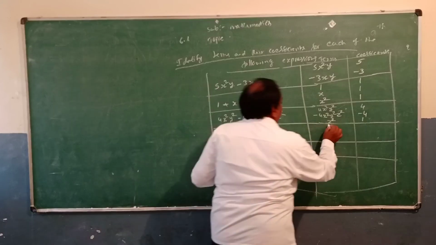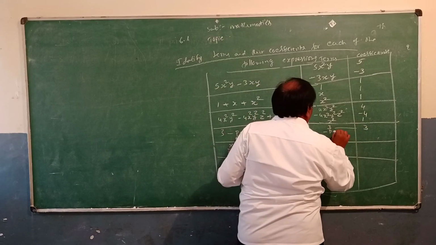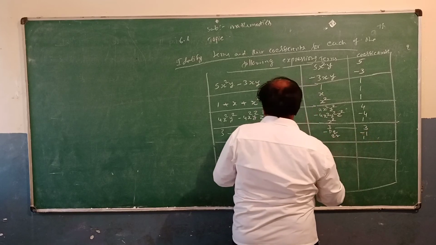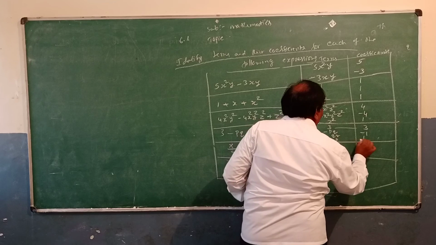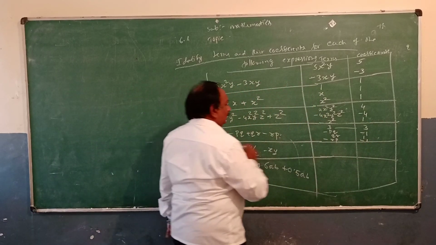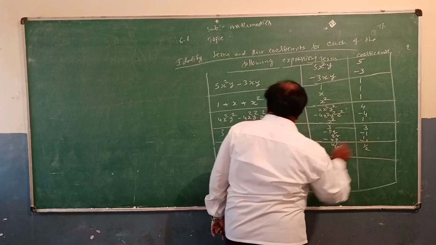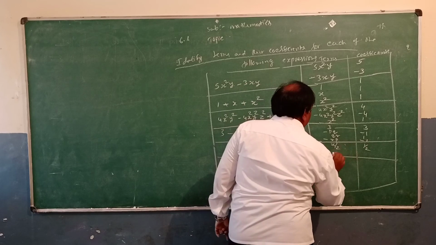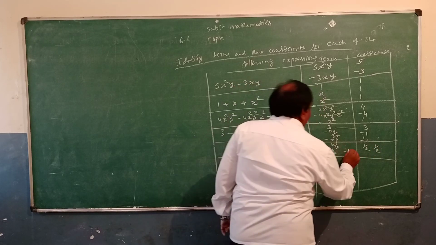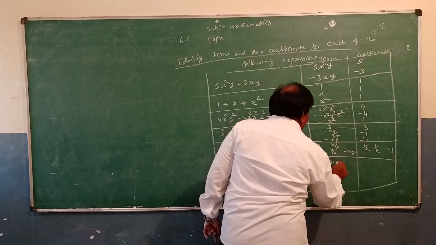Next, 3. This is 3, minus pq minus 1, qr 1, minus rp minus 1. These are the coefficients. And then x by 2 is 1 by 2. y by 2 is also 1 by 2. Minus xy, minus 1.